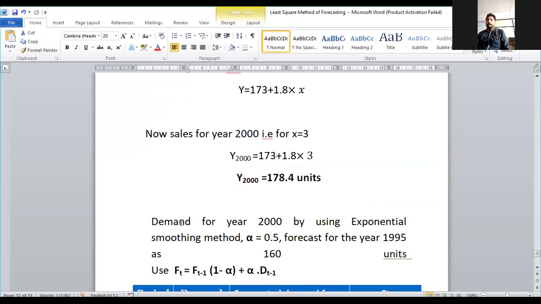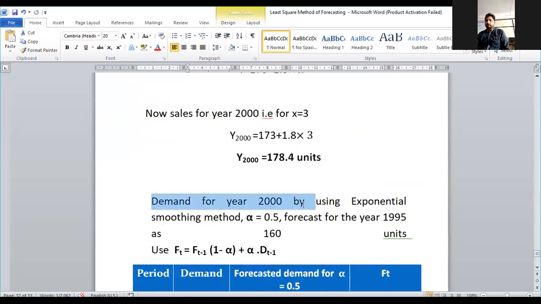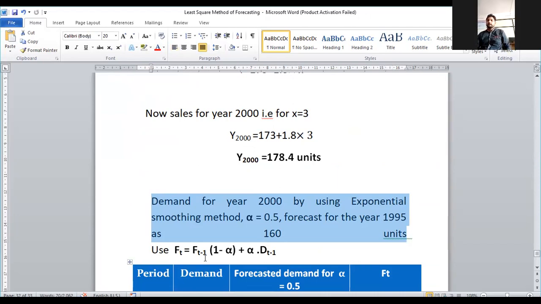So we can write here: demand for the year 2000 by using the exponential smoothing method, alpha is equal to 0.5, for the year 1995, forecast for the year 1995 as 160 units.